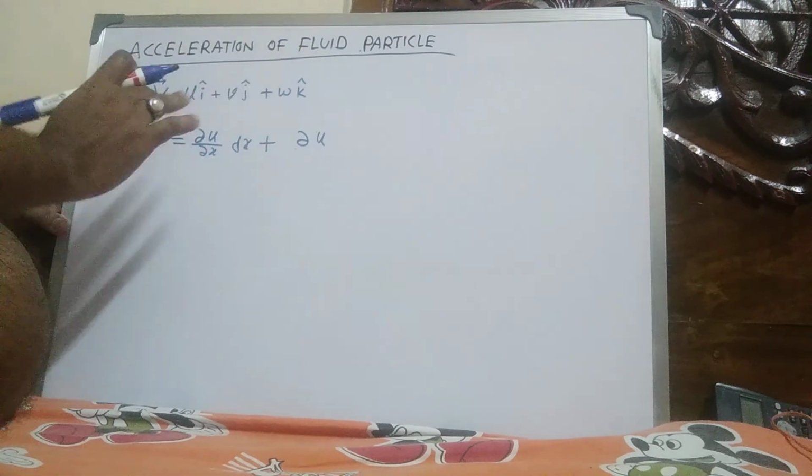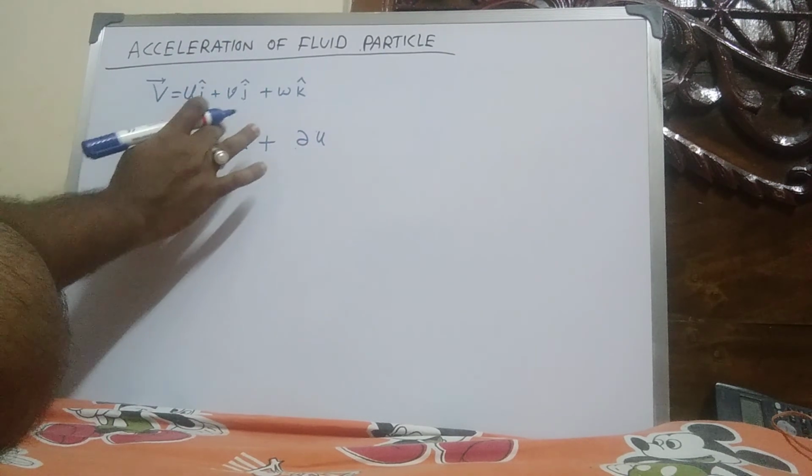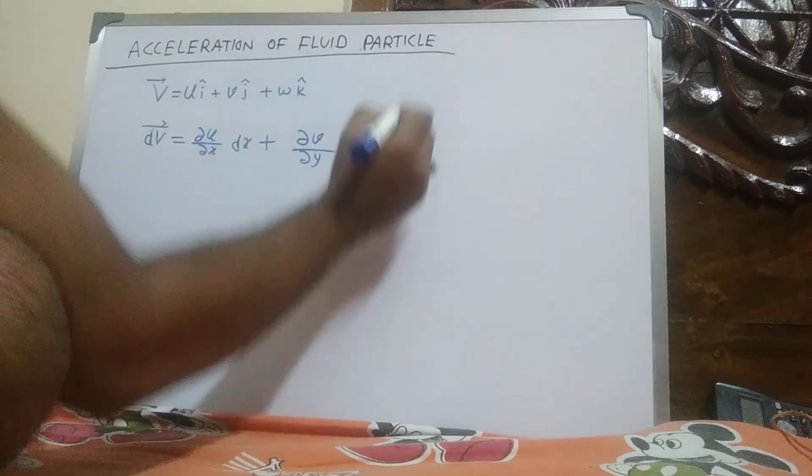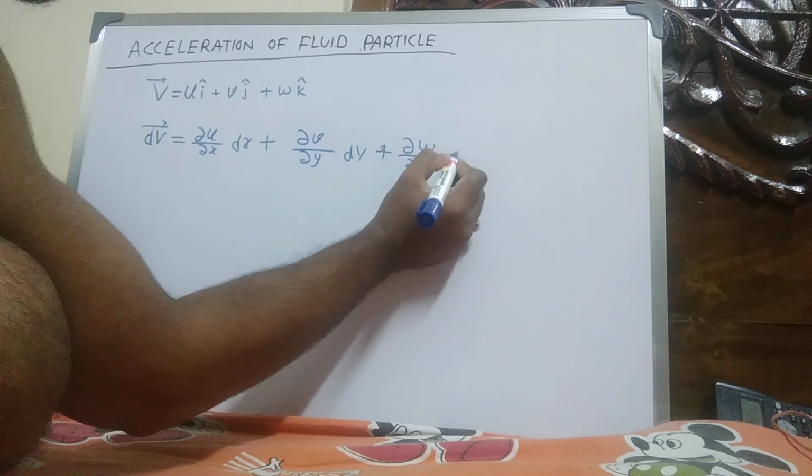So the change in velocity dv equals du by dx into dx plus dv by dy into dy, and dw by dz into dz.